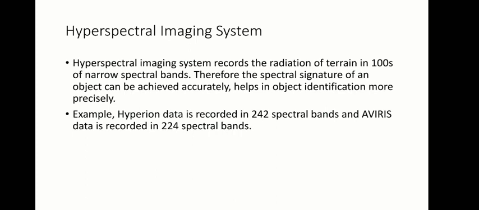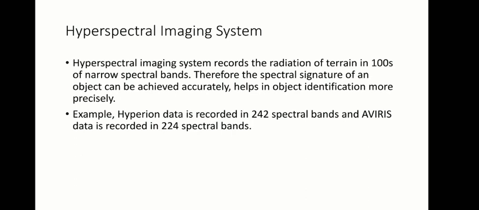For example, Hyperion data is recorded in 242 spectral bands, and AVIRIS data is recorded in 224 spectral bands. So you can understand how huge an amount of data has been recorded and how much information can be obtained from the data if properly analyzed.